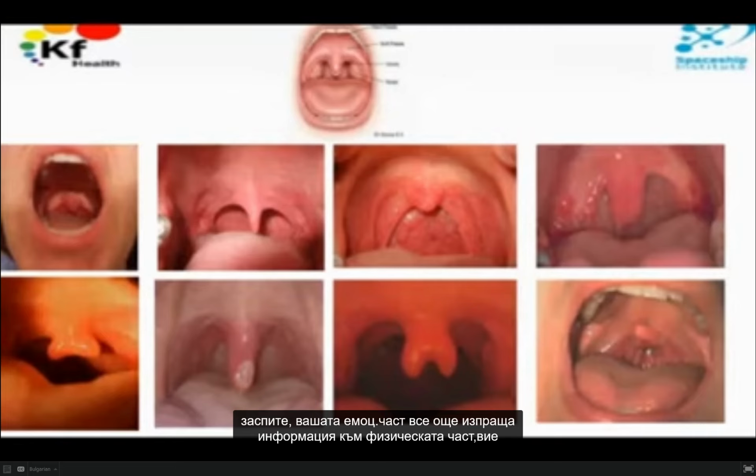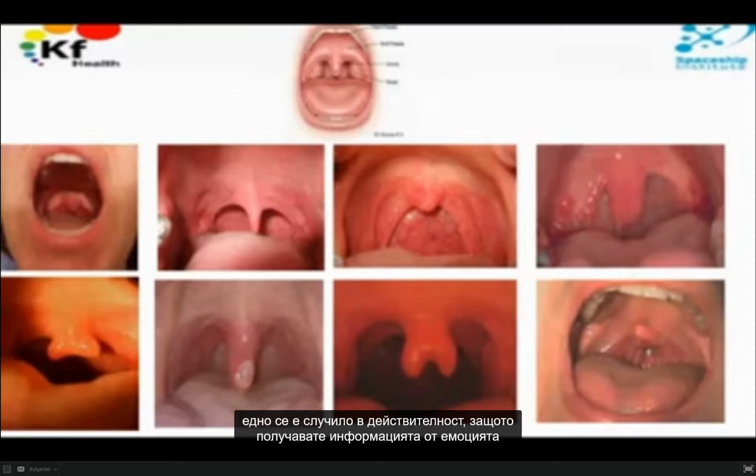Your emotional part still sends information to your physical part. You understand this clearly when, for example, in your dream somebody is trying to strangle you. You want to breathe, and even though there is nobody actually touching your throat, you grasp for air. You wake up in panic exactly as it happens in reality.